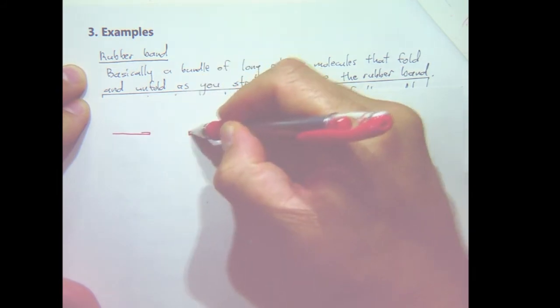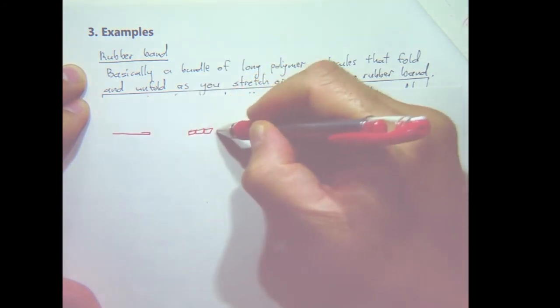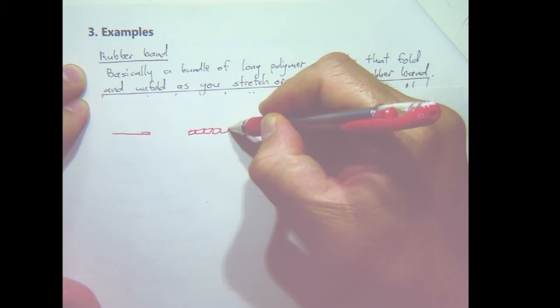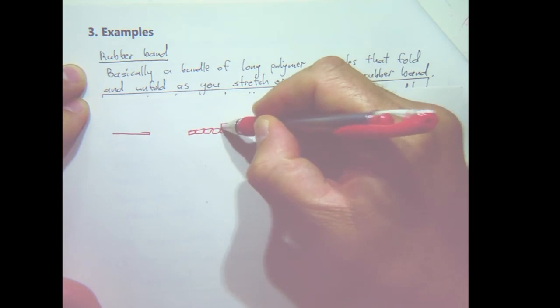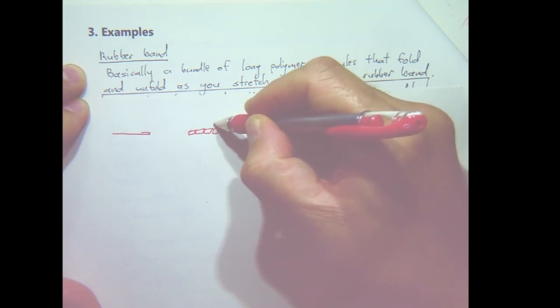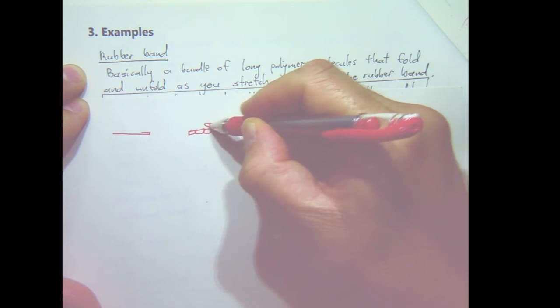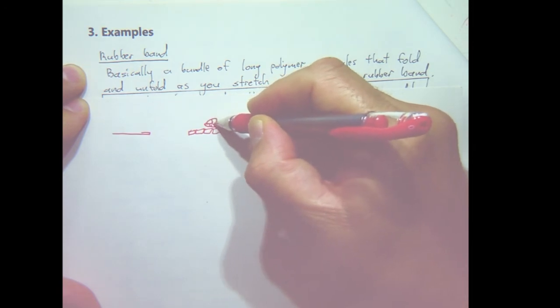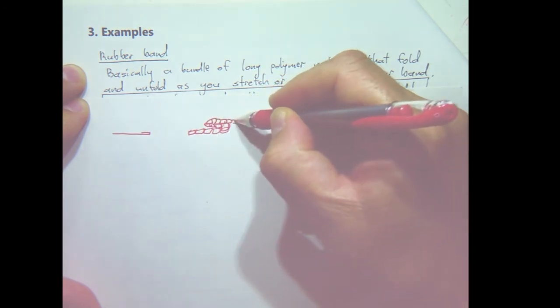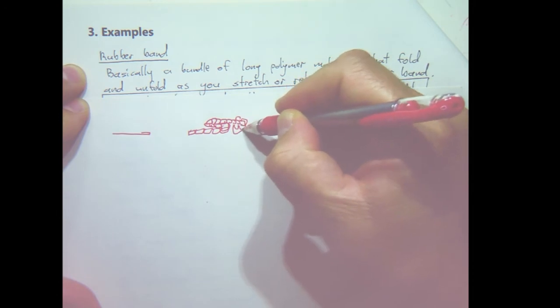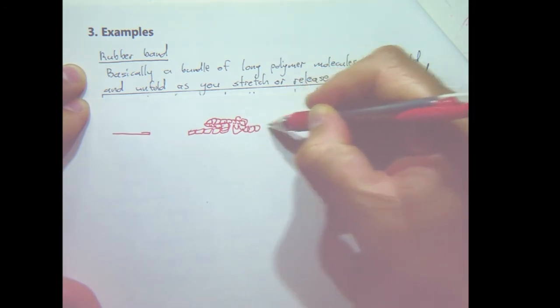Now, a link, a link, a link, a link, and then a link, and then this sort of goes back on itself, and then maybe forward a bit, back on itself, or maybe back this way, then forward a bit, back, and then forward, etc. like that.